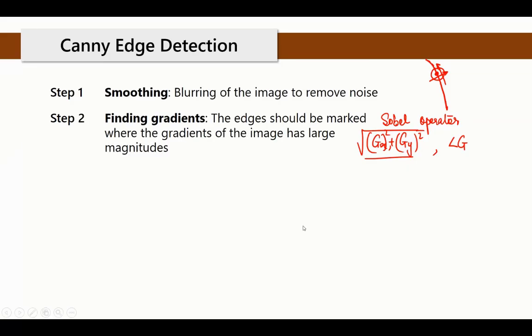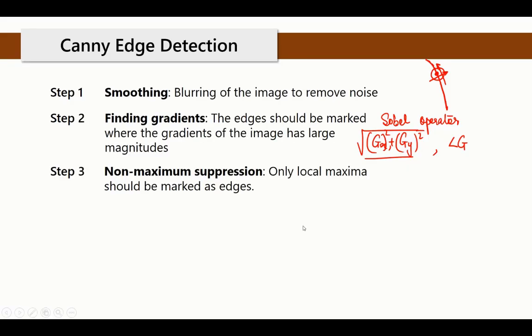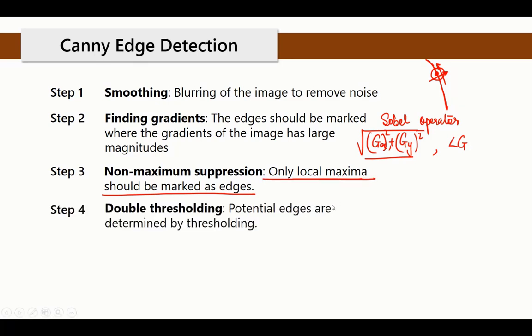So we've done smoothing. We've found gradients. We have also done suppression. That means we are only retaining local maxima, those values of gradient magnitude which are maximum along a particular direction of edge. Only those I'm keeping. I'm losing all others. And it goes even further. Canny Edge Detector even goes further and says, let us do a further double thresholding.